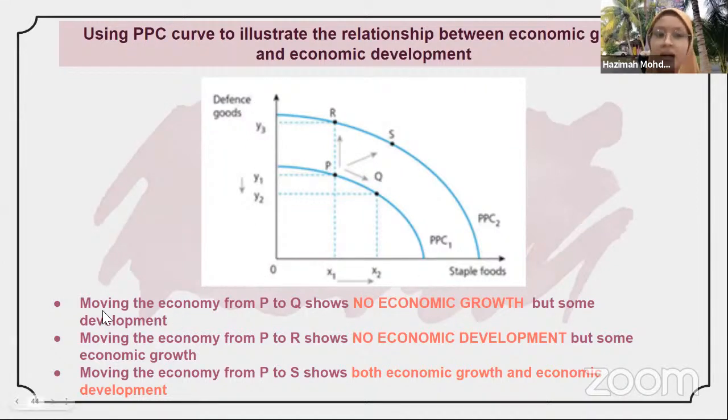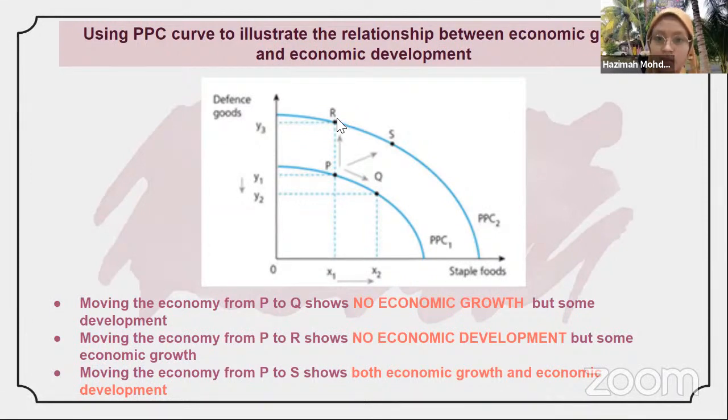So if the economy is moving from point P to Q, there is no economic growth, but there is some economic development, because there is no economic growth because there is no increase in output. But there is economic development, because as we can see here, the quantity of staple food produced increased, but the opportunity cost is that the defense good decreased. So the country is producing more staple food for the benefit of the people, more than the minority of the people. Right?